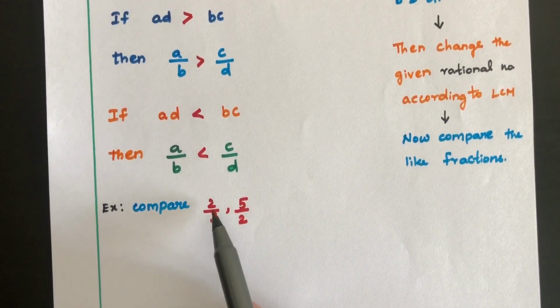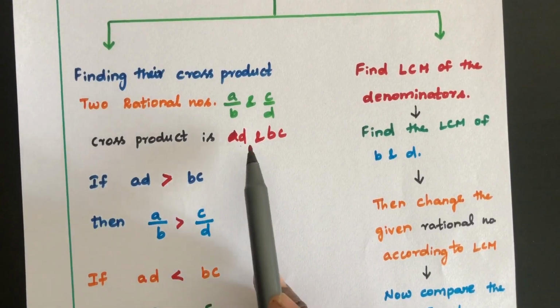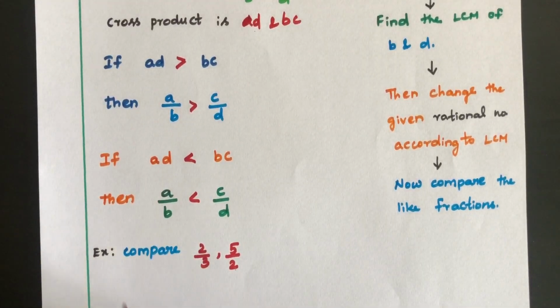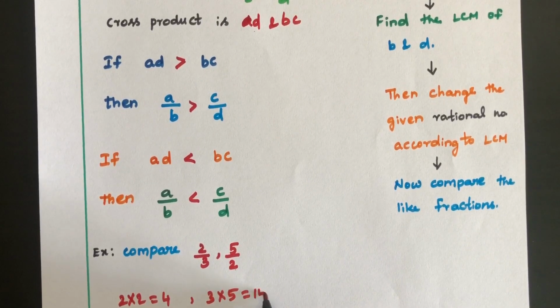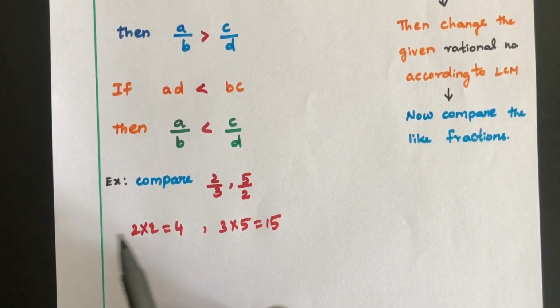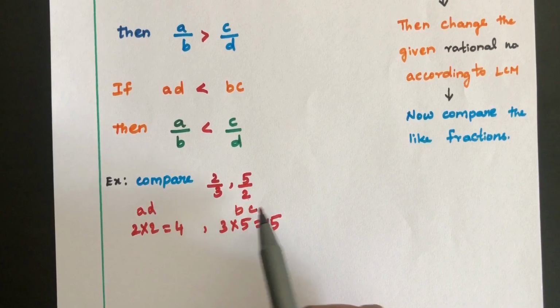Shall we compare these two? 2 by 3 and 5 by 2. We are using cross product to compare. So find the cross product. 2 2s are 4. 2 into 2 is equal to 4, comma, 3 into 5 is equal to 15. So we have found our cross product. Now, this is AD and this is BC.